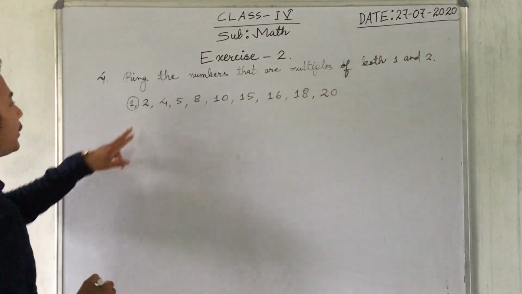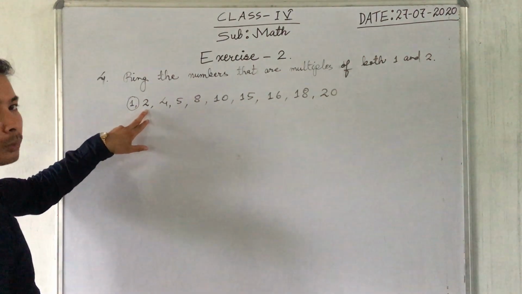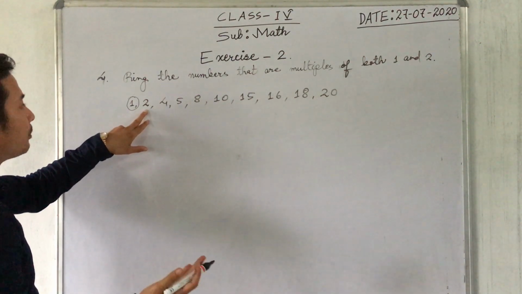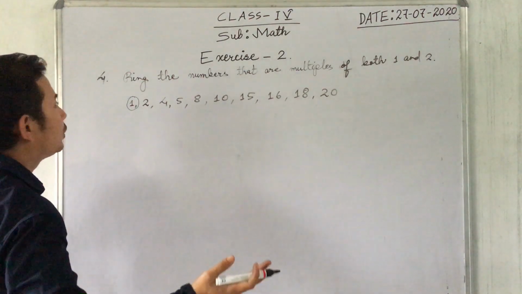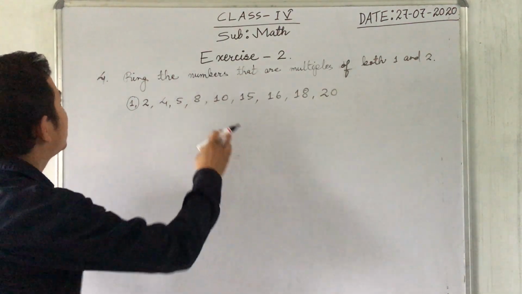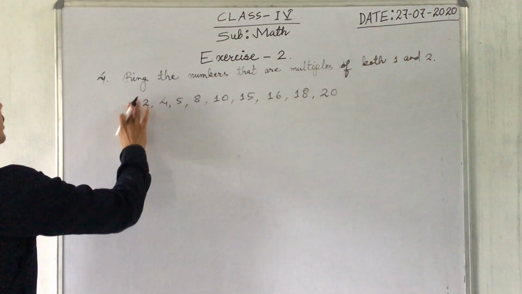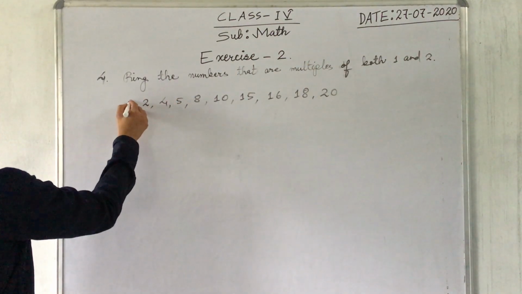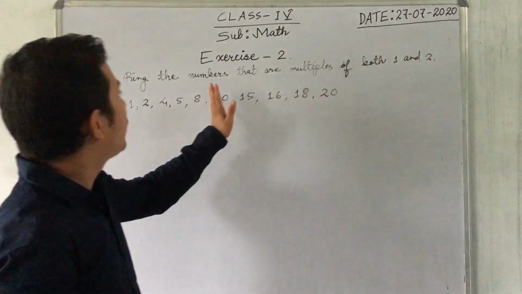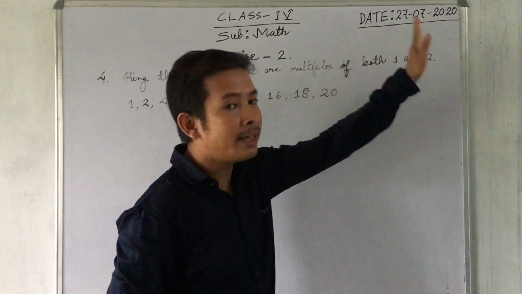And 2. 2 is also a multiple of 1 and a multiple of 2 also. Sorry, it is telling us we have to write the multiple of both 1 and 2.